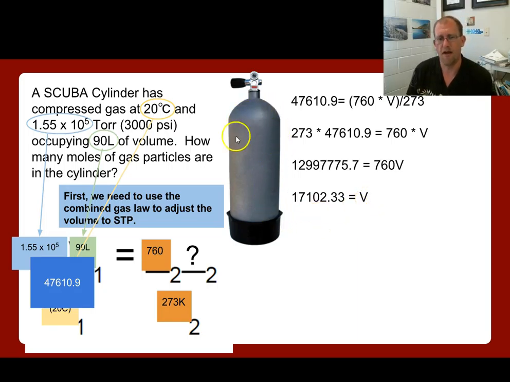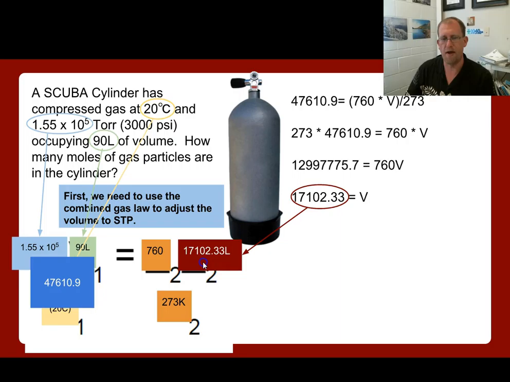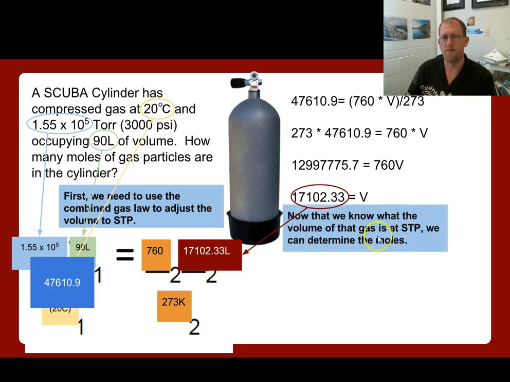So if I were to take all the air in this cylinder and reduce the pressure and the temperature and let it go to STP, I'm going to wind up with 17,000 liters of air instead of 90 liters of air. You can see what the difference makes there. It's incredible. So I put that back in, and now that I know what the volume is at STP, I can figure out how many moles there are.